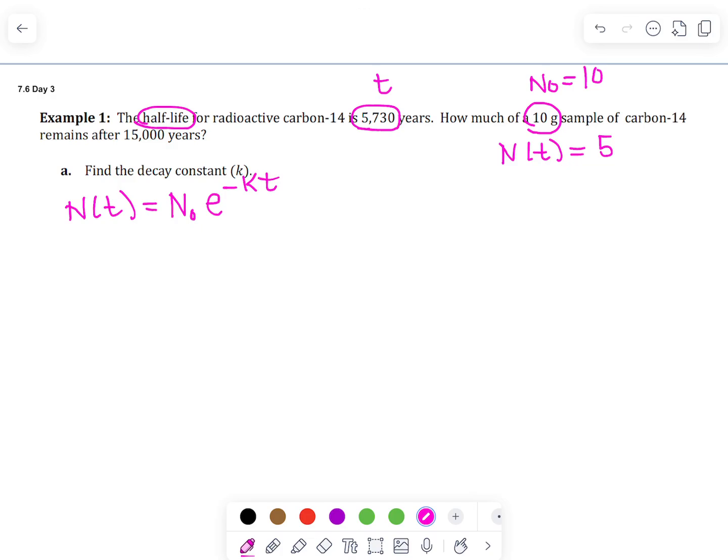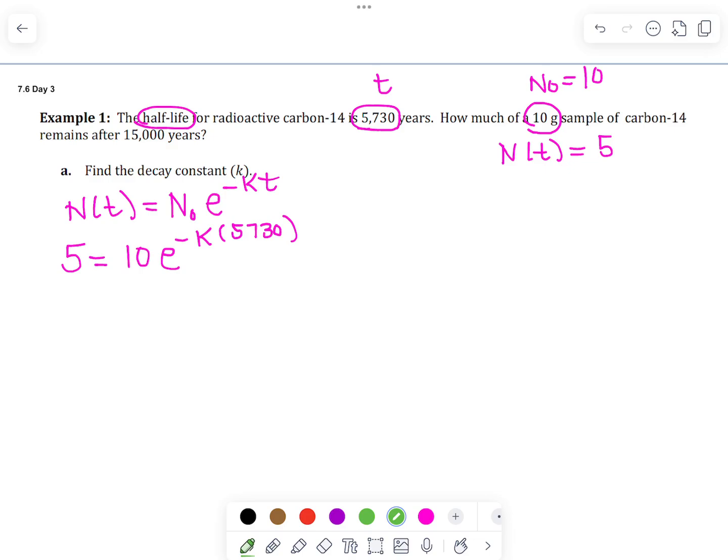So our N of t would be 5, our N naught would be 10, e raised to the negative K, K is what we want to find, times the time it takes to decrease to half the initial amount, 5,730 years. We're going to use this equation and solve for K.